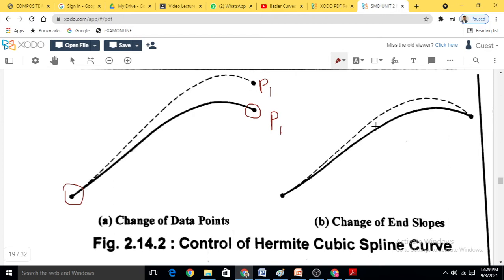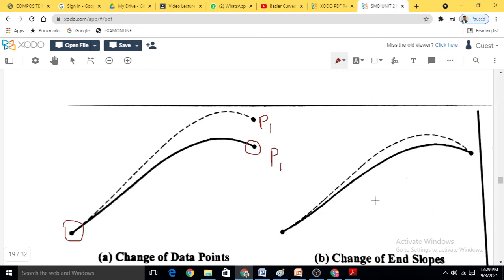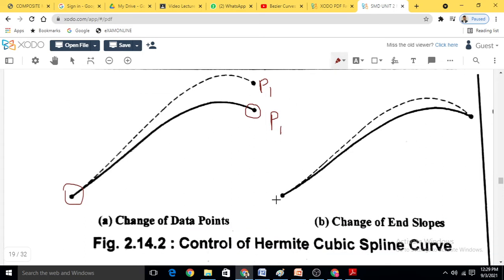So we can change the shape of the curve by changing its end points and also by changing its tangent vector. These two diagrams show how we can change the shape of the cubic curve.